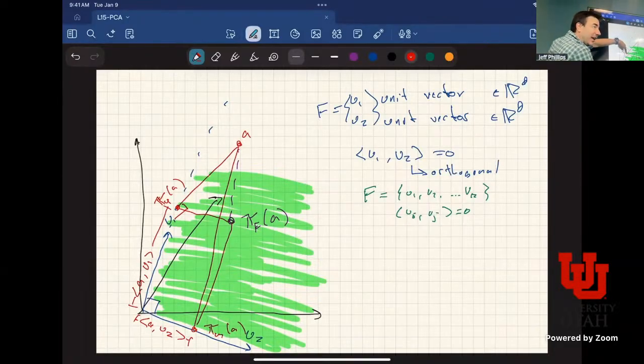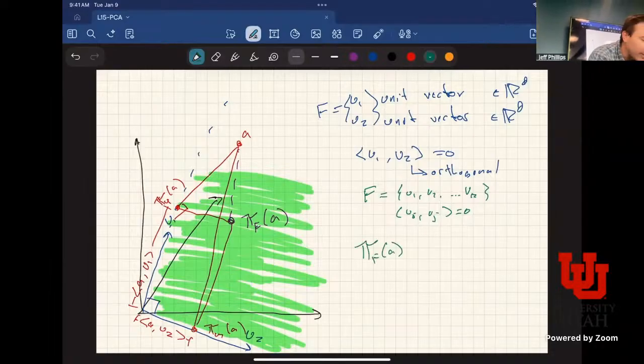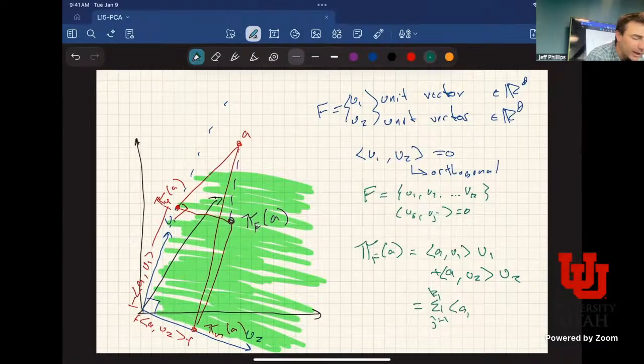It gives me a length in these two coordinates individually. And now pi of F of A is going to be the dot product of A with U1 times U1, plus the dot product of A with U2 times U2. Or in general, the sum from j equals 1 up to k of the dot product of A with Uj times Uj.